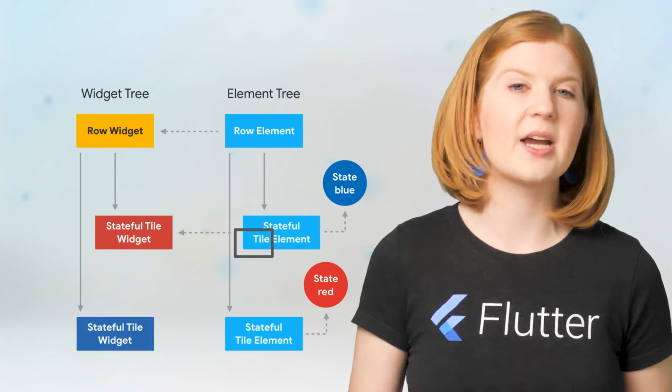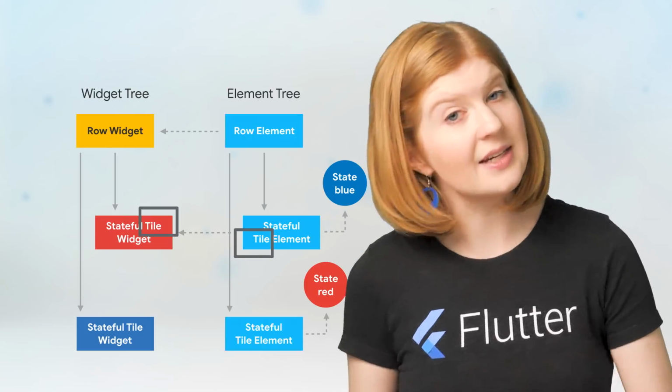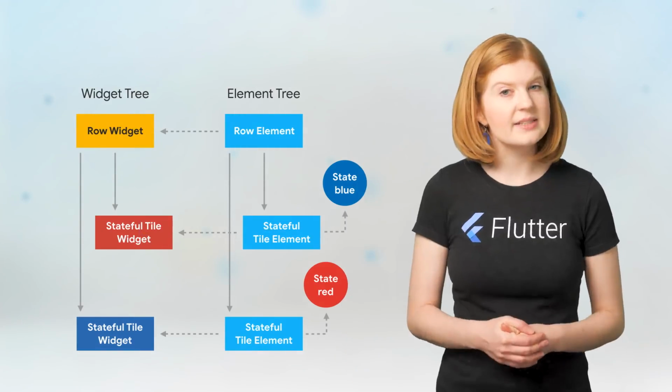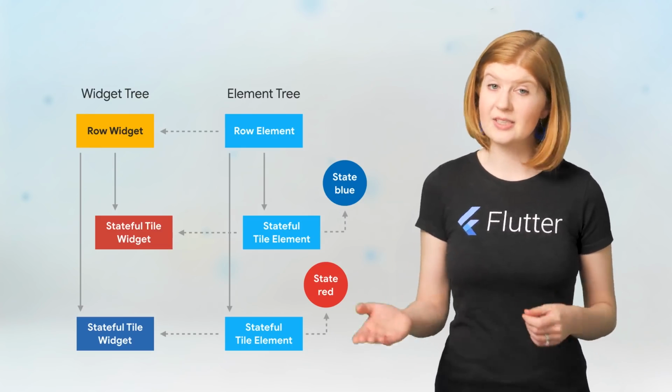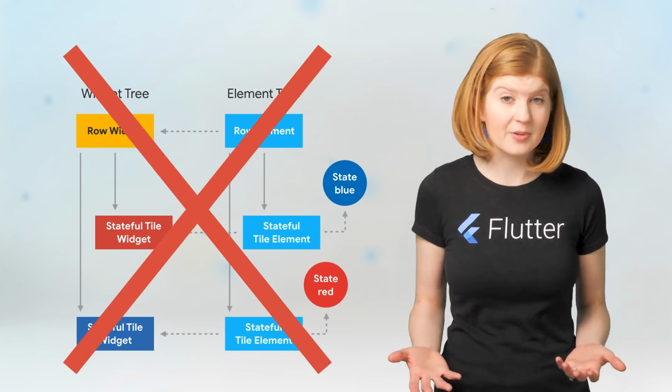Then the tile element checks that the corresponding widget is the same type, a tile widget, and it is. And it does the same for the second child. Flutter uses the element tree and its corresponding state to determine what to actually display on your device. So from our perspective, it looks like your widgets didn't properly swap.